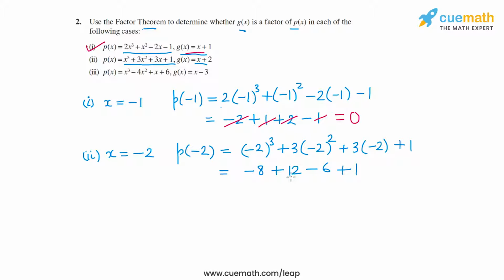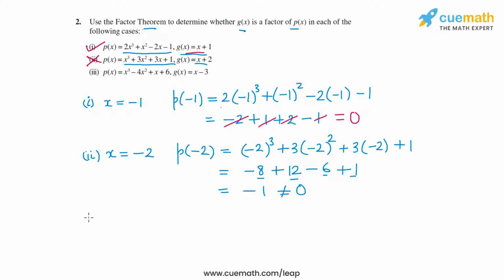So this is equal to minus 1, because I have minus 8 plus 12 is 4, 4 minus 6 is minus 2, and that plus 1 is minus 1. So because p(-2) is not equal to 0, g(x) is not a factor of p(x) in the second case.